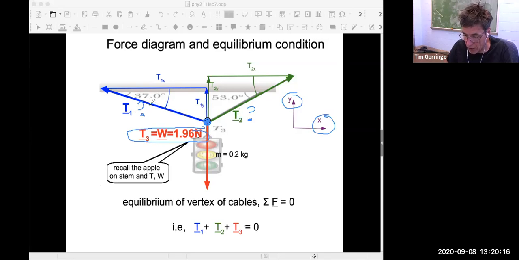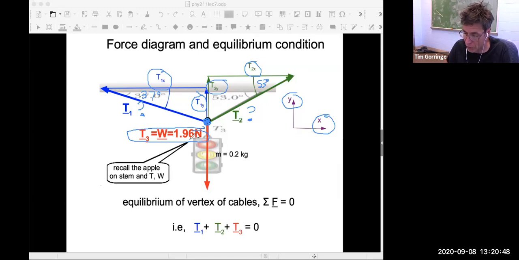But T1, as you see here, because of this 37-degree angle, has a component horizontal, I call it T1X, and a component that's vertical. And similarly for T2, the one that's going towards the right, because of the 53 degrees here, it has both a horizontal component that I call T2X and a vertical component that I call T2Y.